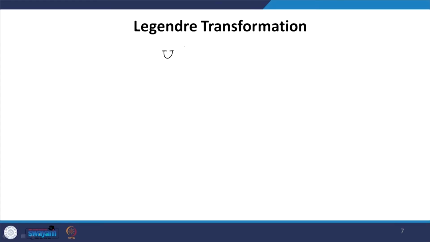So, now we can extend this idea and look at, for example, the other variable that I want to change. Let us say, for example, I again go back to this U and we have dU as TdS minus PdV, but now instead of S, I want to replace the volume as the natural variable.